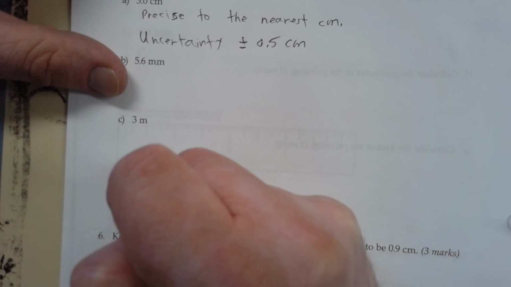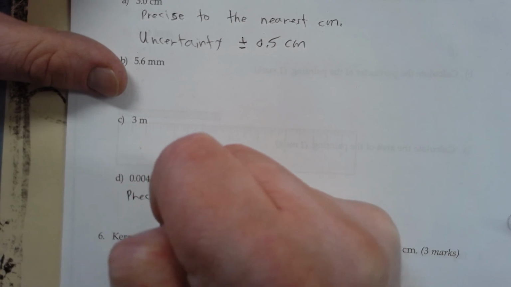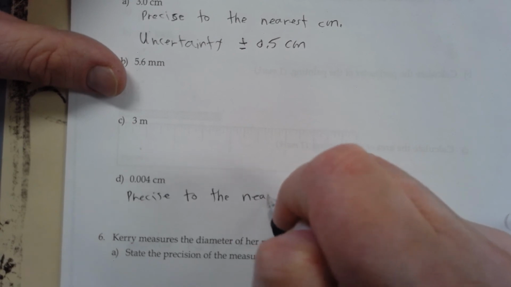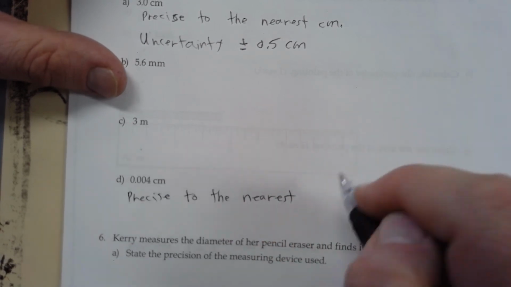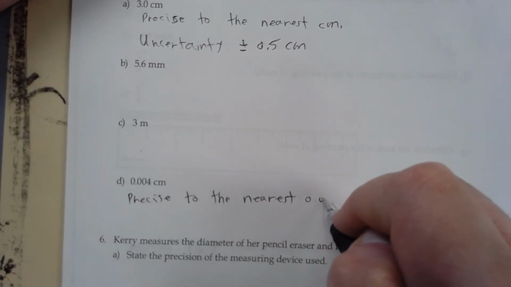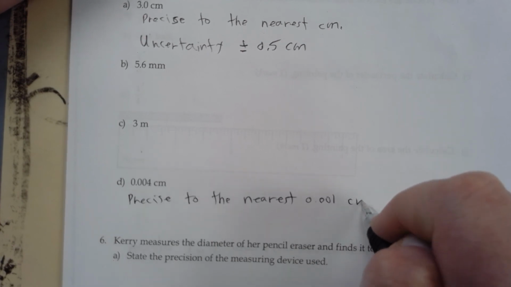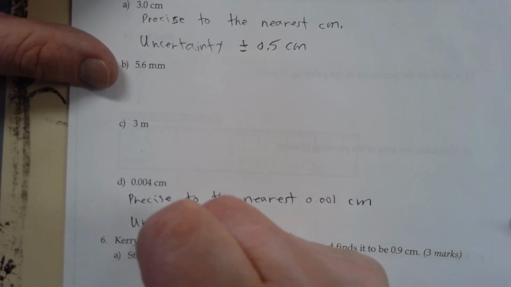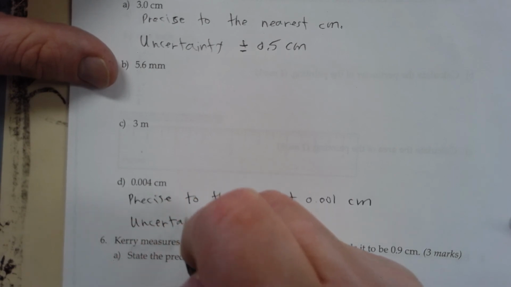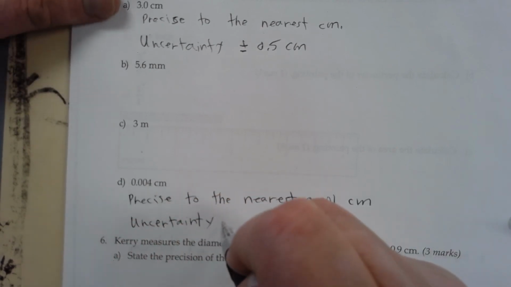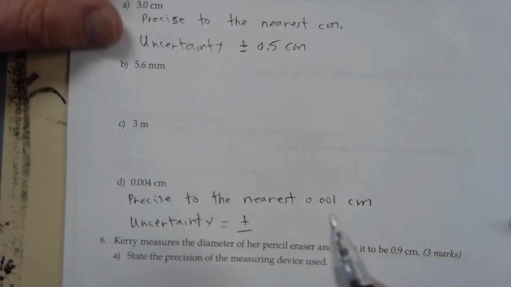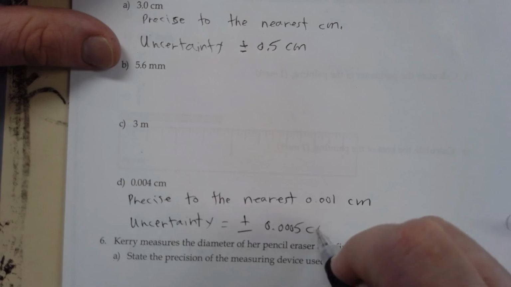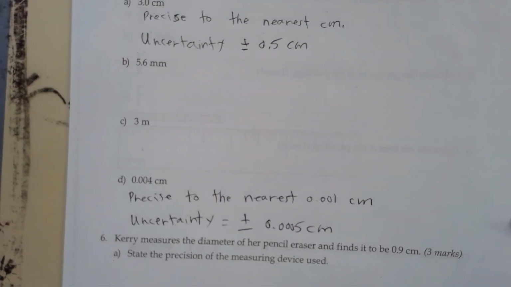So precise to the nearest 0.001 of a centimeter, and then your uncertainty plus or minus 0.0005 centimeters, just to clarify that.